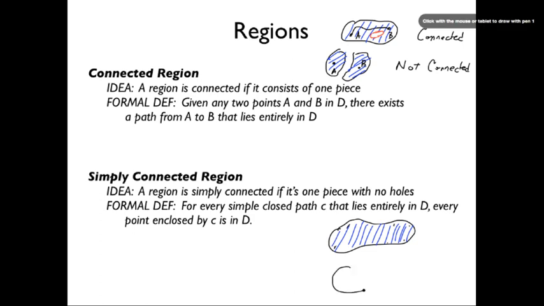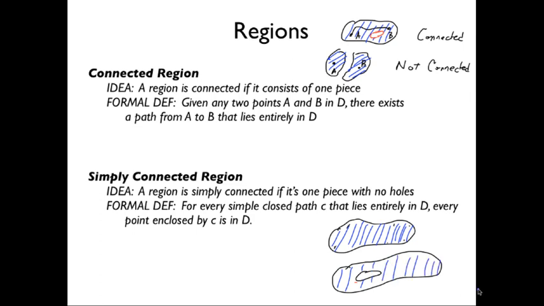And what's the formal definition now? Every simple closed path that lies in D encloses only points of D, right?